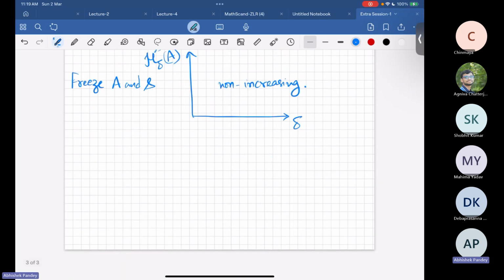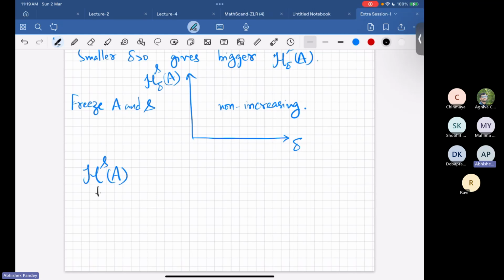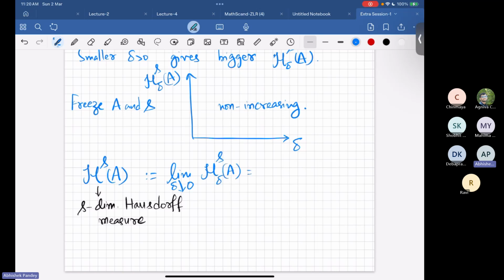So this observation will be our definition for the s-dimensional Hausdorff measure of E. This is your s-dimensional Hausdorff measure, which is defined as the limit as delta goes to 0 of H^s_delta(A), which is nothing but the supremum over all delta positive of H^s_delta(A).